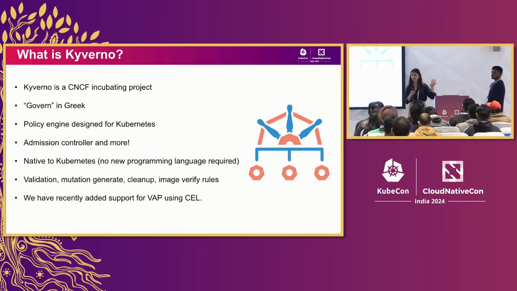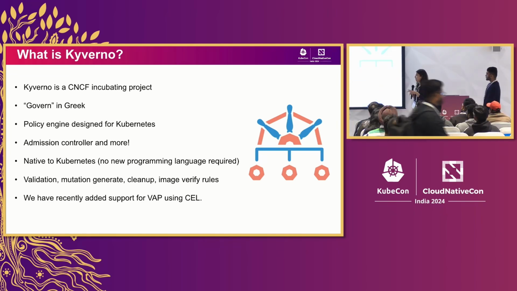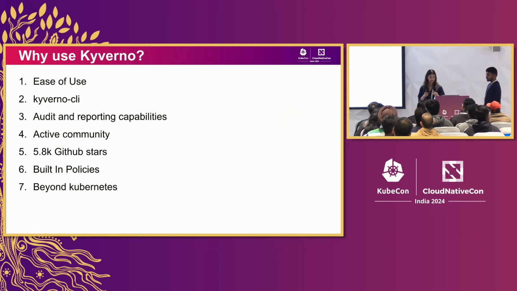So if you don't want something with a label XYZ, that resource does not go inside your workload. Apart from validation, it also offers you mutation, generation. It will help you clean up your workloads and also verify images that are already inside or that are going inside your clusters. Now, that's really cool, and that's actually one of the reasons why you would want to use Kyverno.